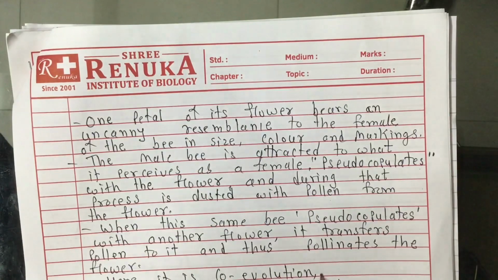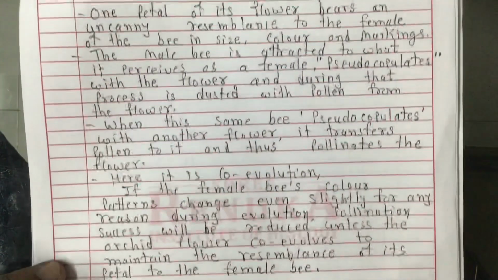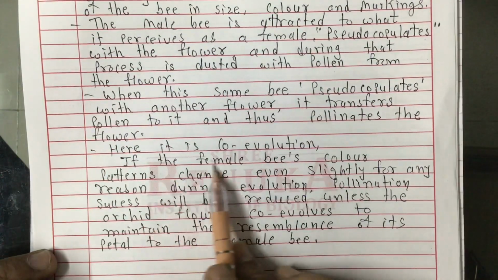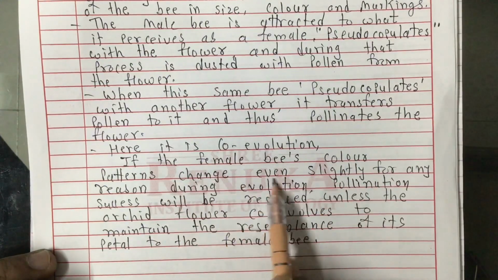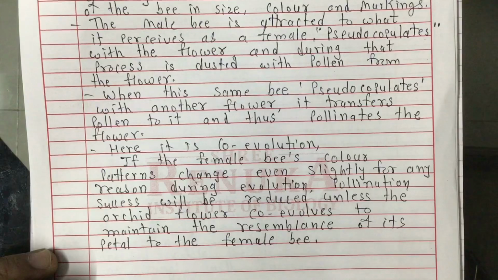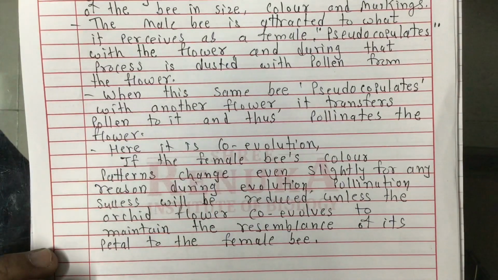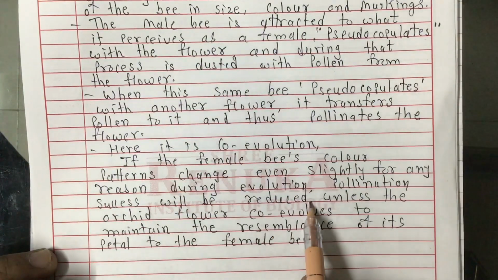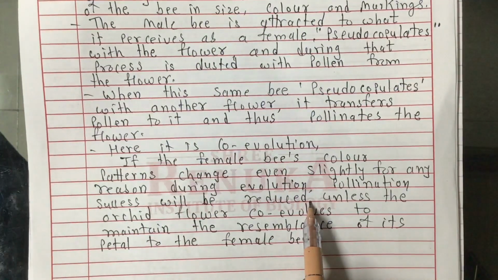Here it is co-evolution. Students, think, if the female bee's color patterns change even slightly for any reason during the evolution process, it means the petal does not resemble that of the female bee. In such condition, what happens? The pollination success will be reduced. Obviously, na? In such condition, the bee or the bumblebee does not visit the flower as it is not attracted by the flower.